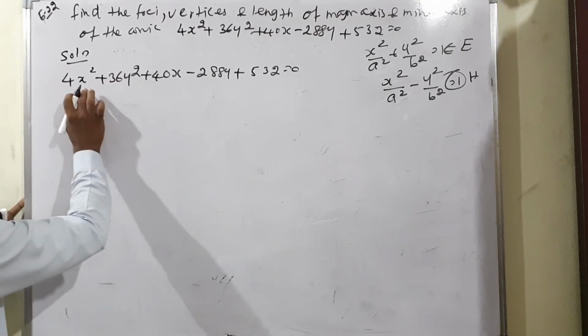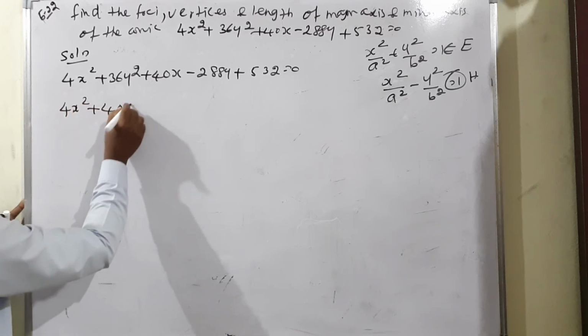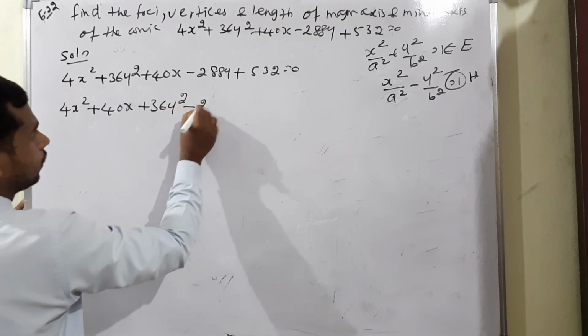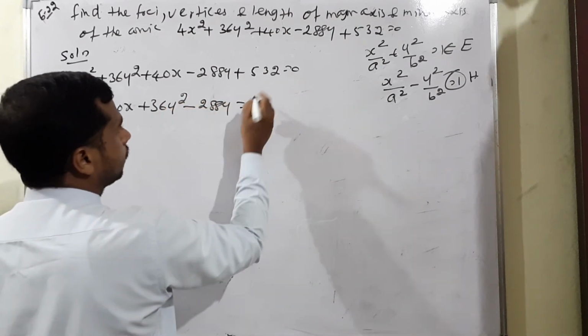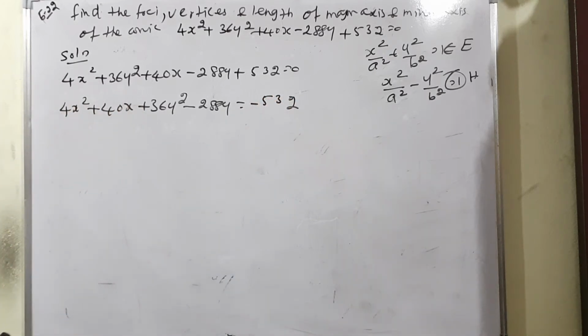First, we group the x family: 4x² + 40x. Then the y family: 36y² − 288y. Bring 532 to the opposite side, so it becomes negative 532.